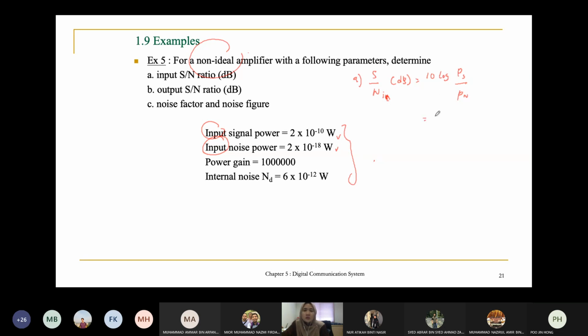So 10 log Ps, 2 times 10 to the power of negative 10, divide by 2 times 10 to the power of negative 18. Dapat berapa? 80. Ya, 80 dB.